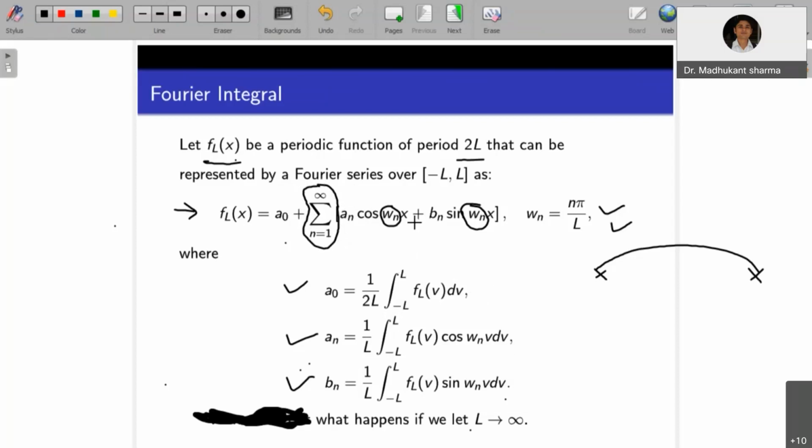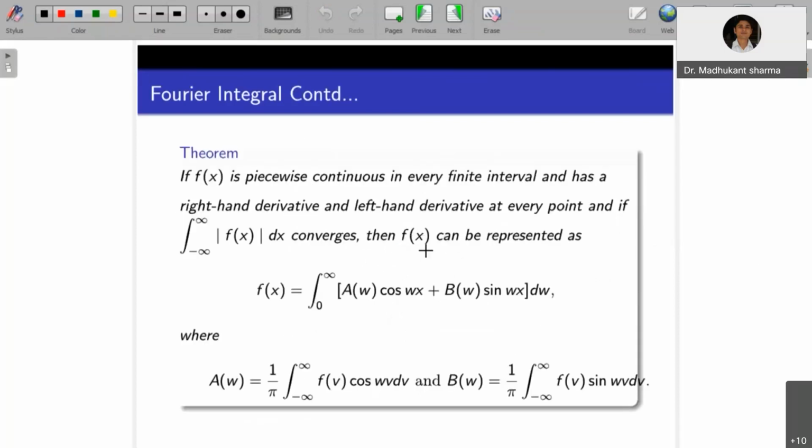Then we came up with the formula known as the Fourier integral representation of f. Here f of x has the following integral representation. Instead of summation, you now have the integral from 0 to infinity. The constant term a naught goes towards 0, so it is not present here.